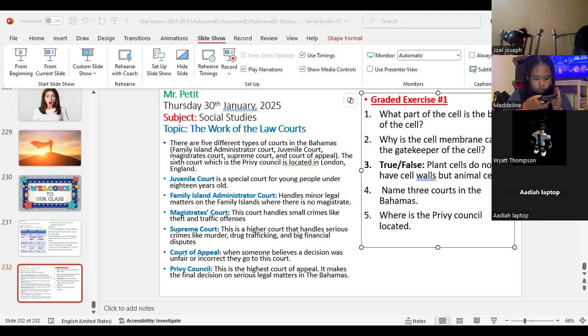What is the swimming pool? Is the cell membrane called the swimming pool of the cell? Do number 6 and 7 and 8, 9, and 10 in the chat.